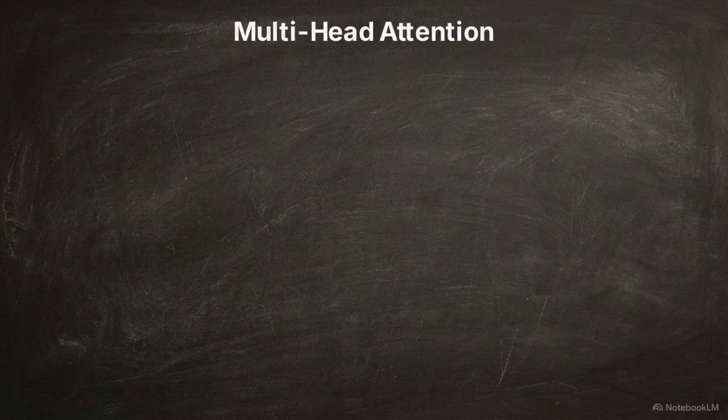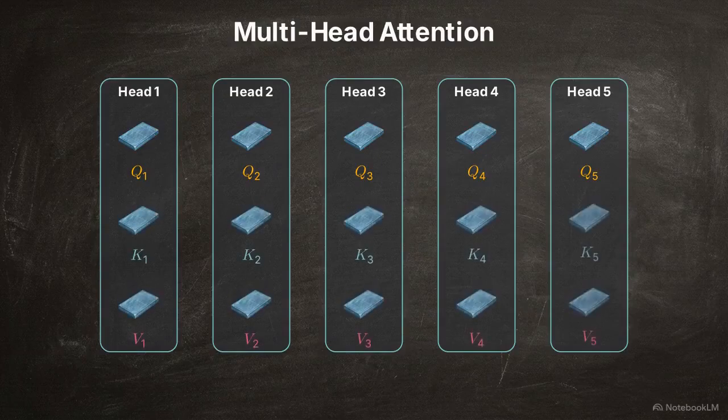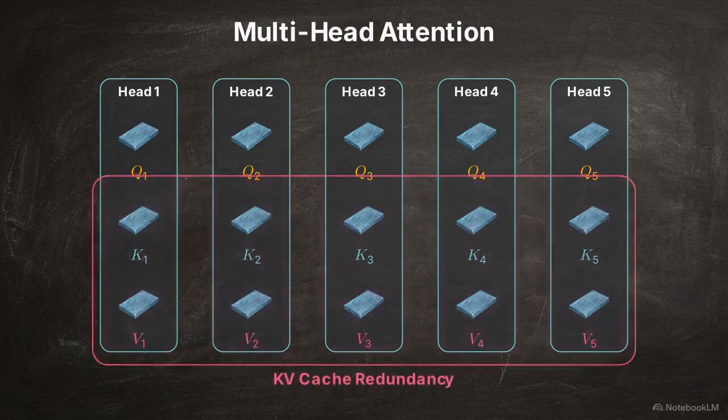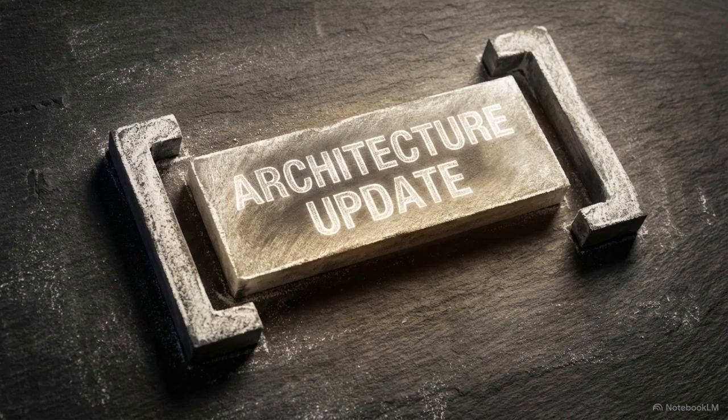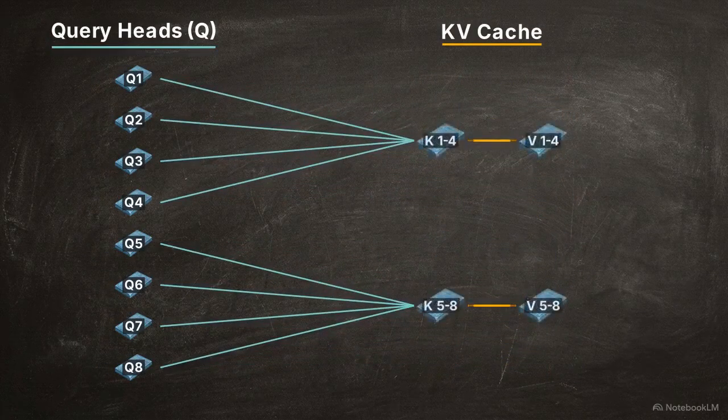Standard multi-head attention dictates that for every parallel query head, there must be a unique key and value head calculated and stored. To mitigate the memory drain, models like Llama 3 and Gemma 3 employ a structural compromise called grouped query attention. Instead of maintaining independent caches, grouped query attention forces multiple query heads to share a single, reduced set of key and value heads.